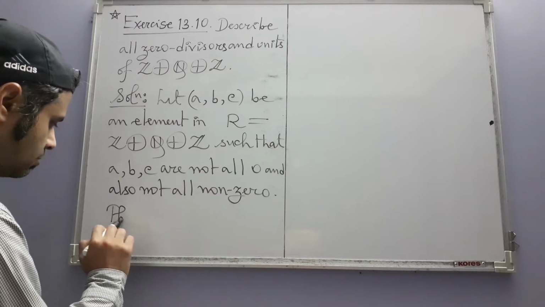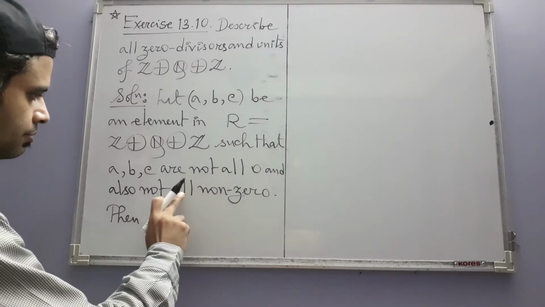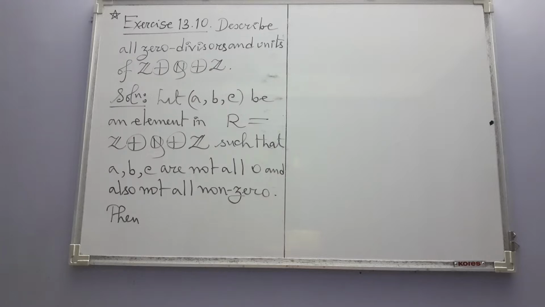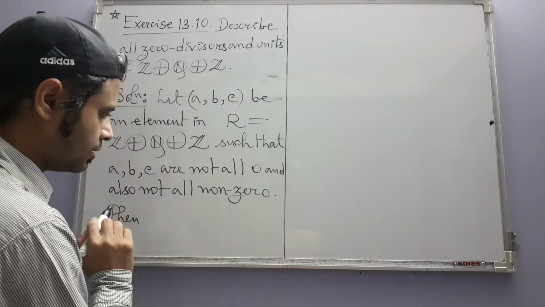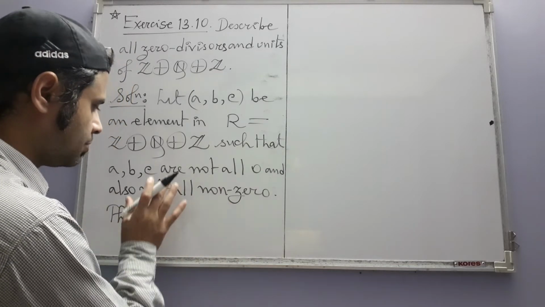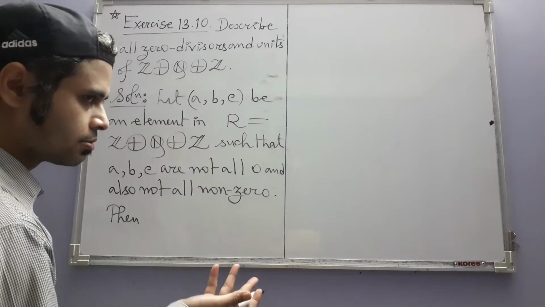Then, because they are not all non-zero, there is a zero component, so we will be able to find another triple such that the product of this triple and that triple gives the zero triple.